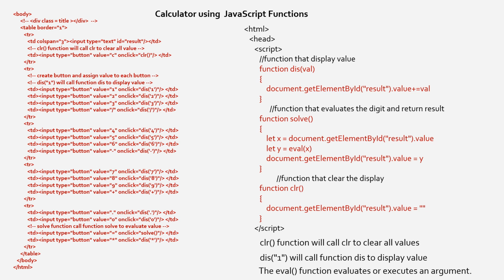Here we have functions: this one is for displaying the values, this is for the calculation, this is for clearing the screen. These are the button click events. What should happen when you click? Display will execute, and one should display on the screen. Similarly, each and every click event is there.